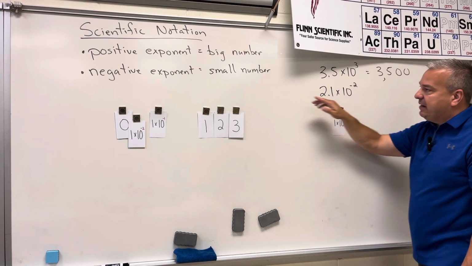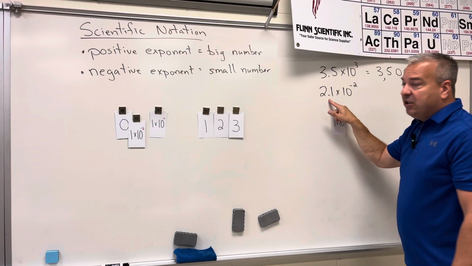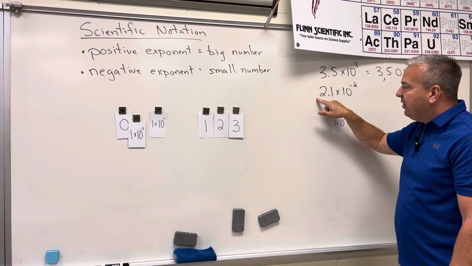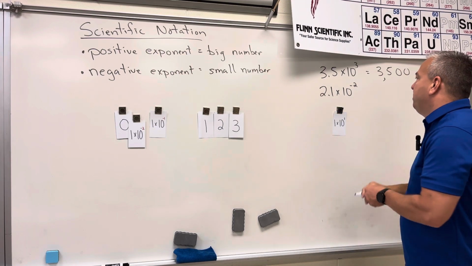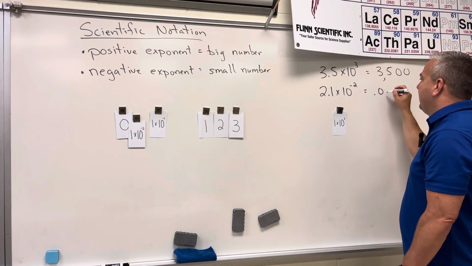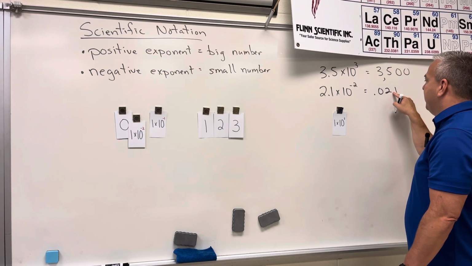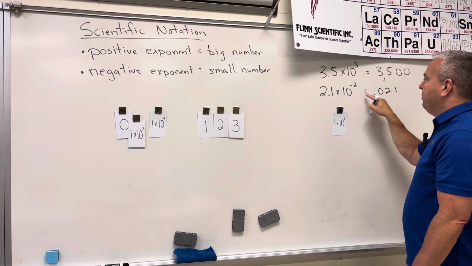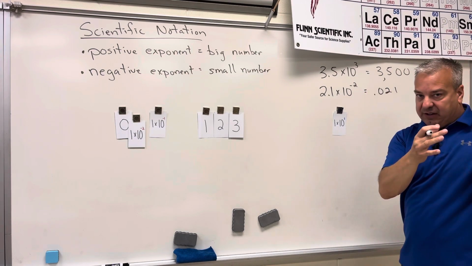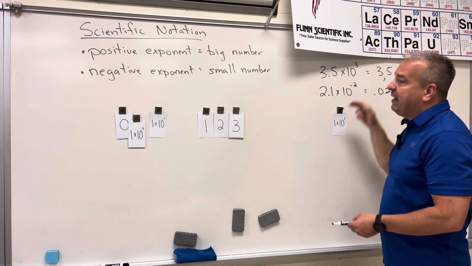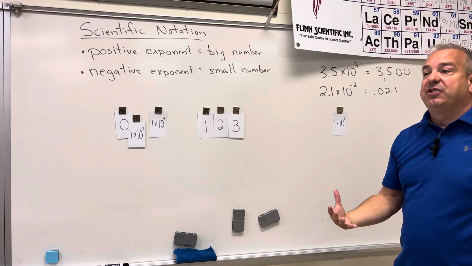It's a negative exponent, which means it's a small number. So you know which way to move this decimal point. To make this a small number, you're going to move it to the left 2 places. And if you do that, you get 0.021 because the decimal place has been moved over 2 places. So the exponent tells you how many places you need to move it over. The positive and negative tell you what direction.